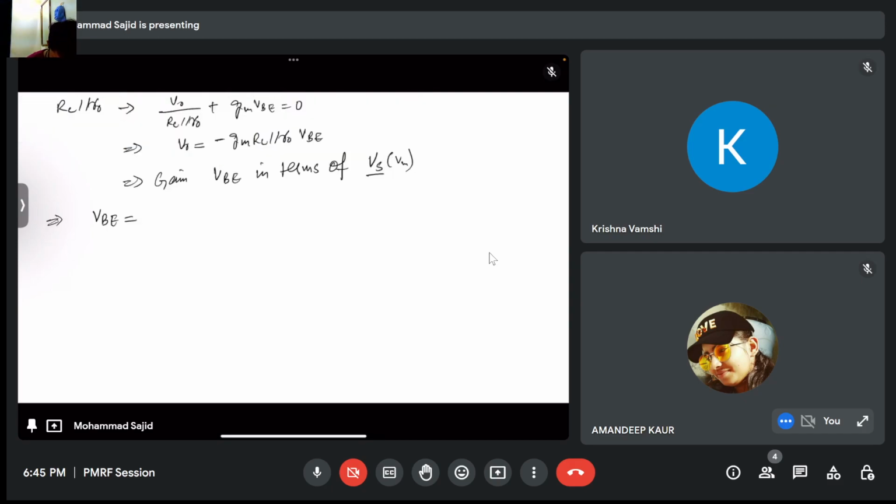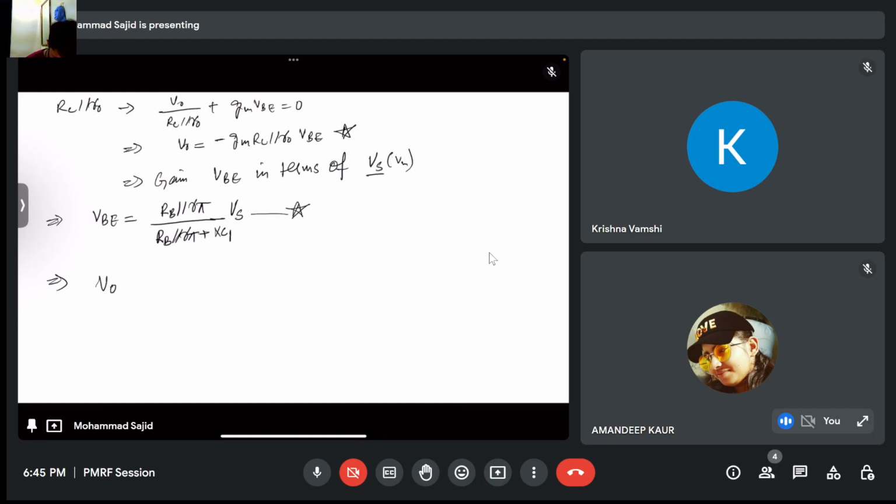So now you divide the voltage between XC1 and the parallel combination of RB and R pi. So what you will get? VBE will be equivalent to RB parallel R pi divided by RB parallel R pi plus XC1, multiplied by Vs, right? So now I substitute this value in here.